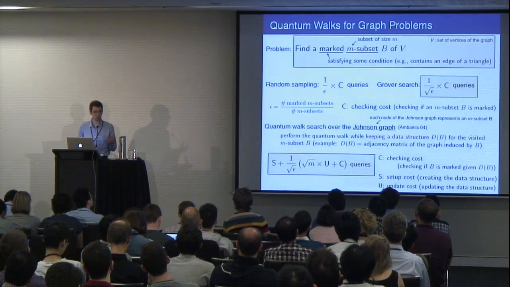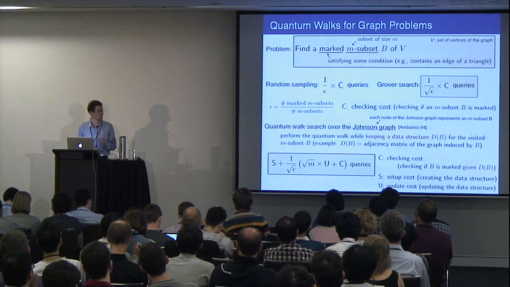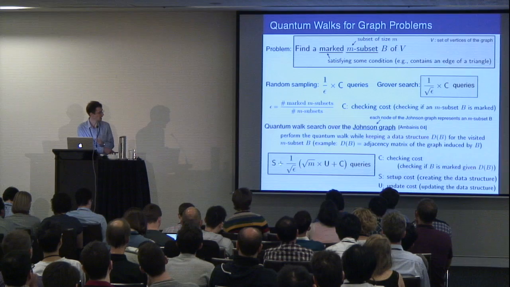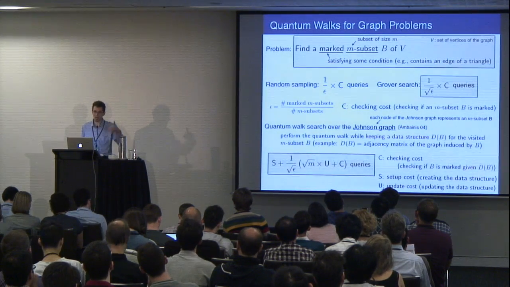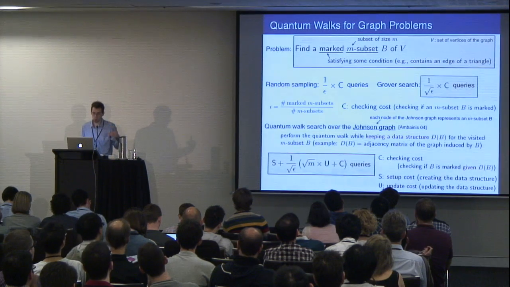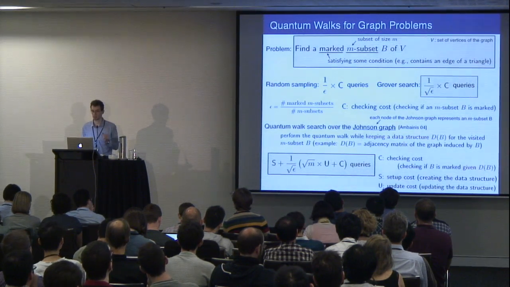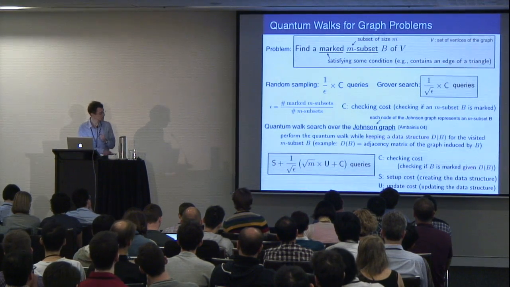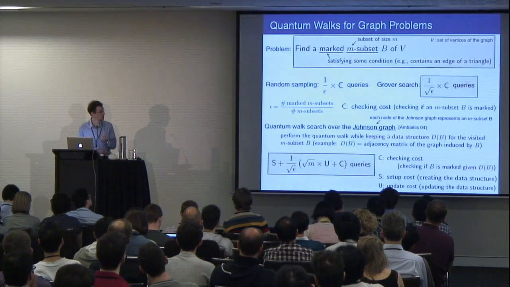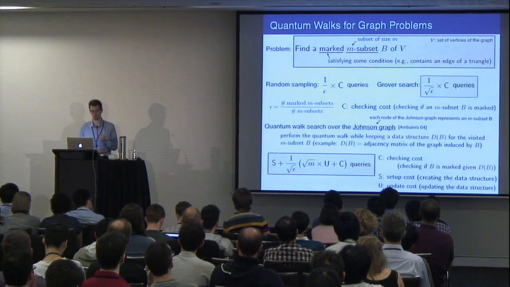So for example, you need to construct the data structure of the initial node of the Johnson graph. And this cost is represented by S, the setup cost. And you need also to update the data structure when we are moving to a superposition of the adjacent vertices. And the cost is represented by U here. And C will represent the checking cost, that is, the cost of checking if B is marked given the data structure.